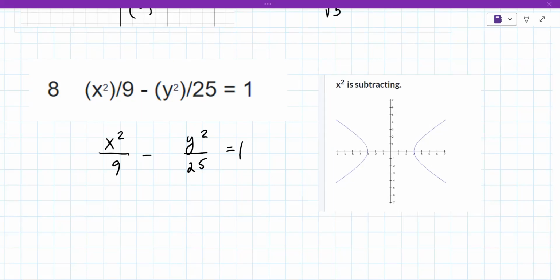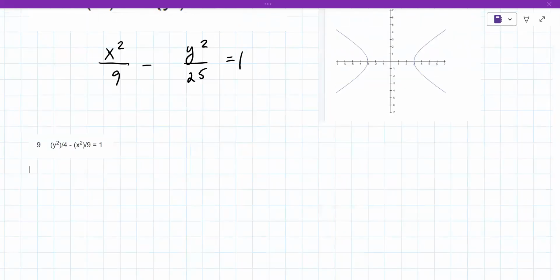All right. And then for number 9, it's going to be the other way, the other possibility, which is y squared is subtracting. And what I just snipped in is from the notes. So perhaps the instructor just wants to see that you have read the notes, looked at the notes.